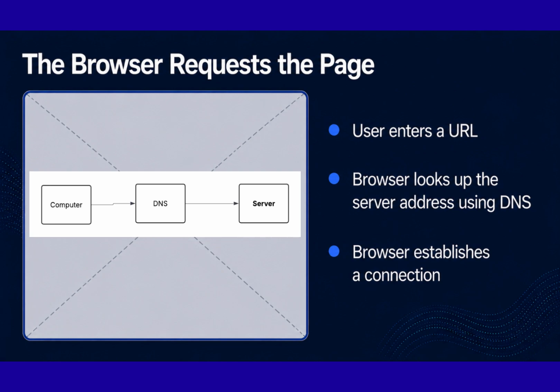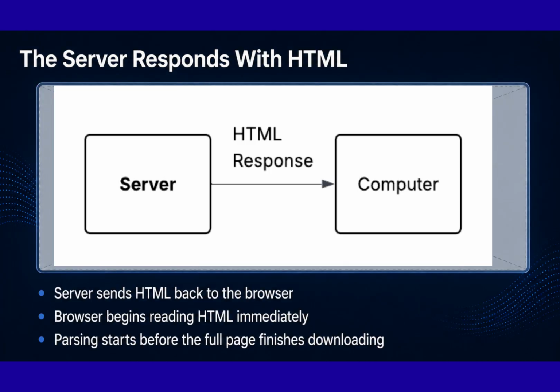Once the browser knows the server's address, it establishes a connection and sends an HTTP request asking for the web page. Pause this video here if you need more time with this step. The server responds by sending HTML back to the browser. And something important happens here.